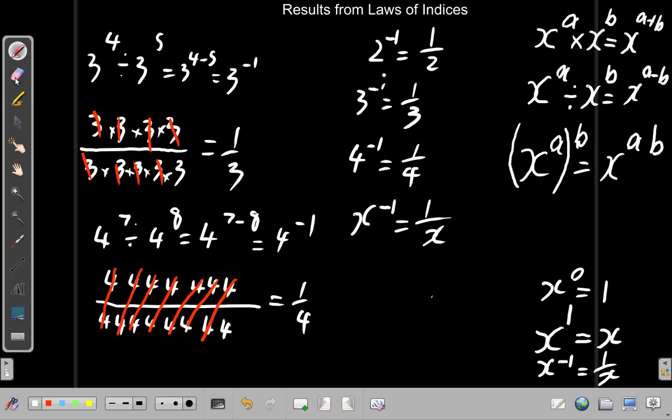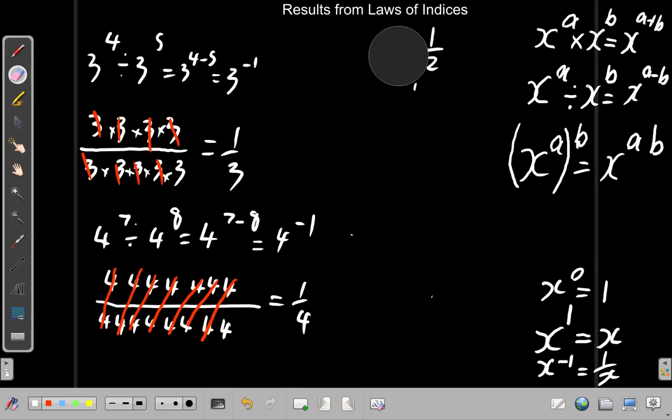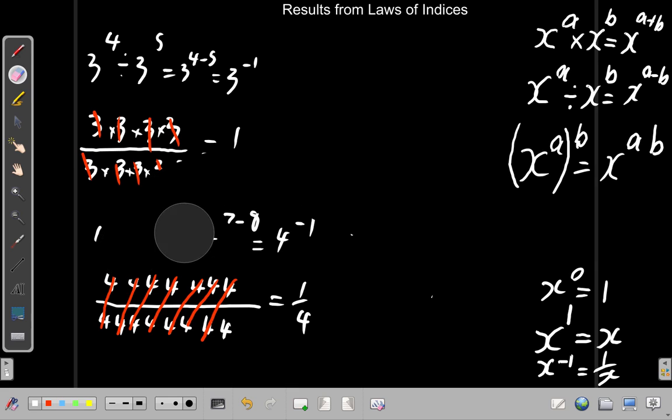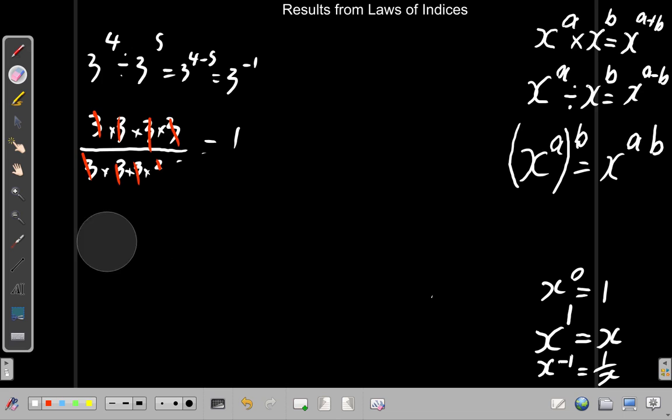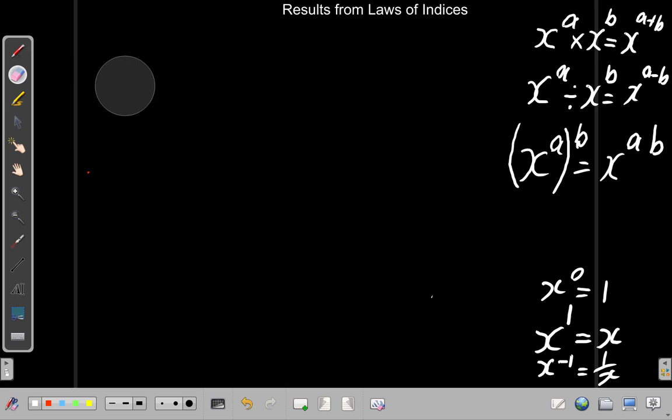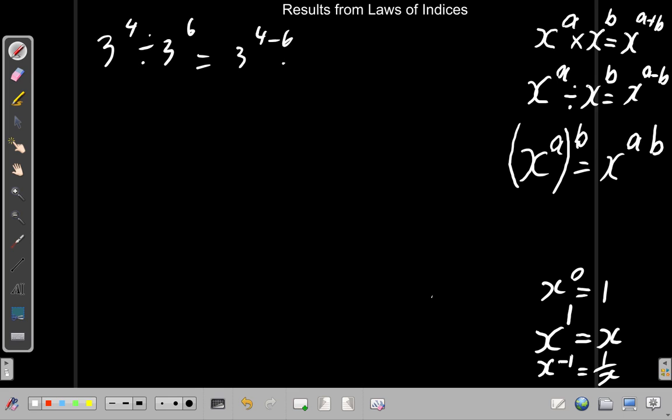Now, let's go a little further with this result, and let us say we have 3 raised to the 4 divided by 3 raised to the 6. What would it be? It's 3 to the 4 minus 6, which is 3 to the negative 2. What would that be?